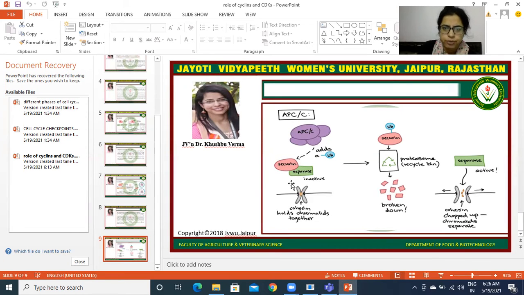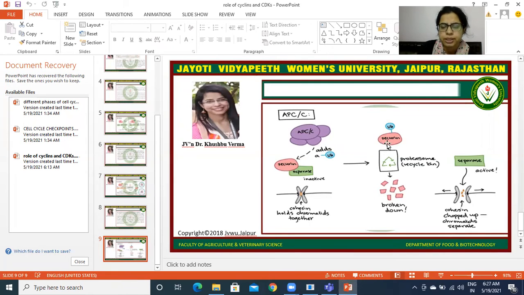On the other hand, if we are talking about these two sister chromatids, they are bound to each other with cohesin. When securin is tagged with ubiquitin, it will release the separase enzyme, and this securin will go to the proteasome, which is the recycle bin.